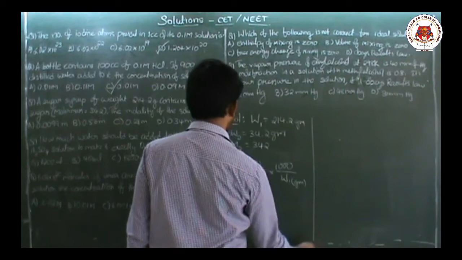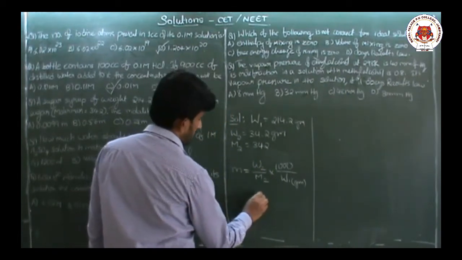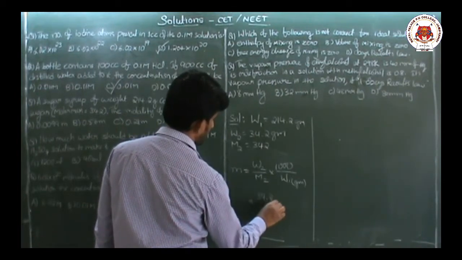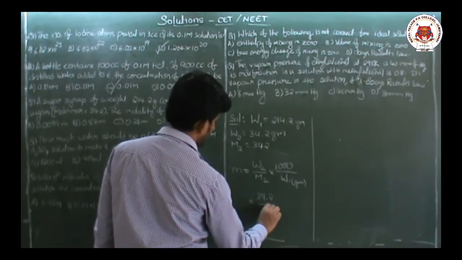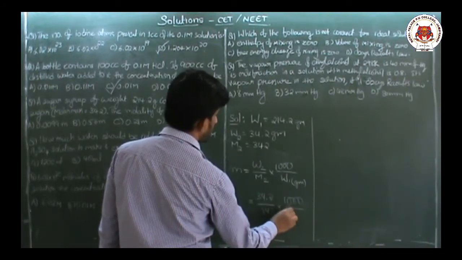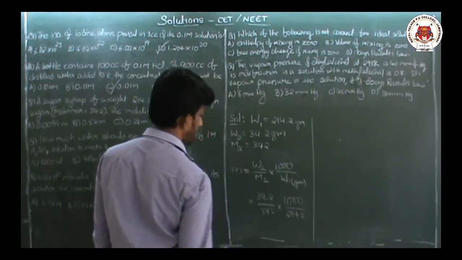So what we get here? W2 is 34.2 divided by 342 into 1000 divided by 214.2.